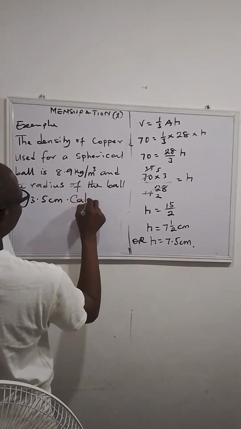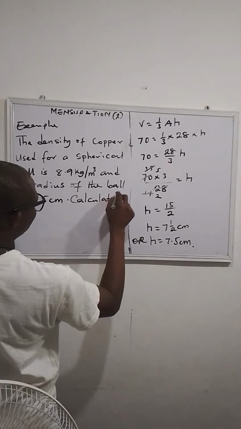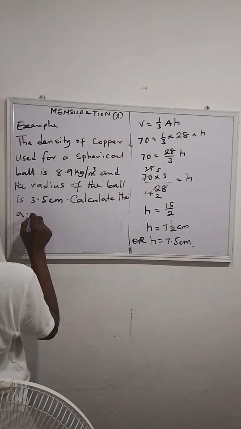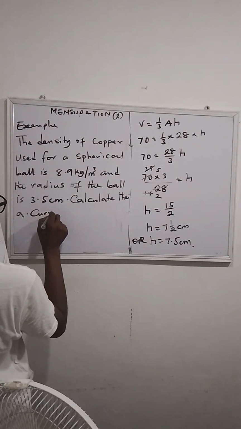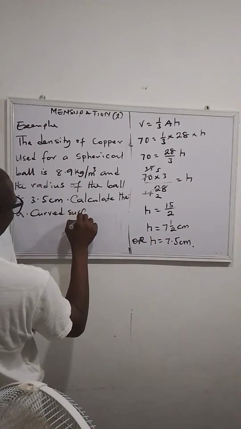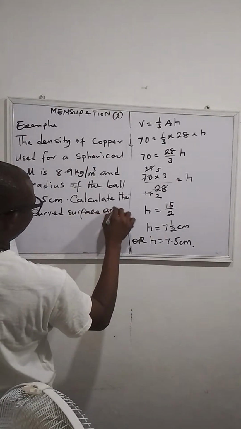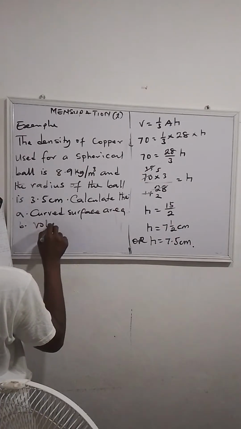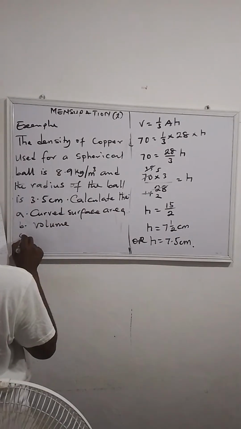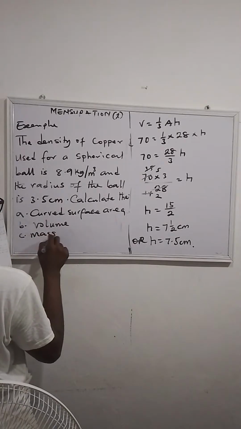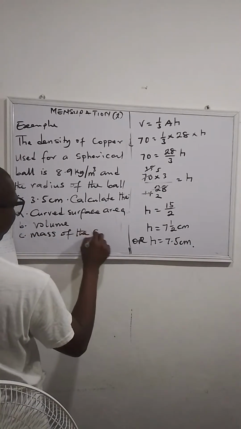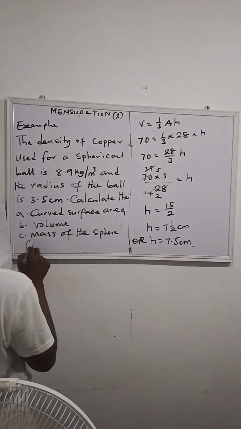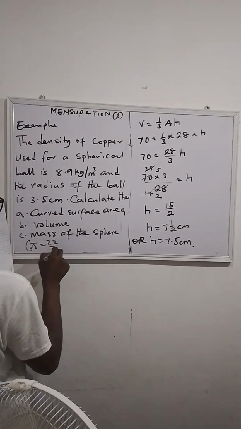Calculate A, the curved surface area, B, volume, and C, mass of the sphere. We have pi equals to 22/7.